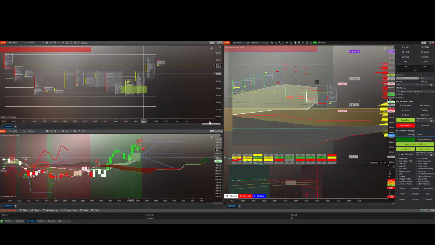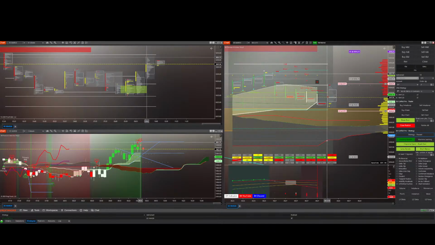That was my Kijun-sen flat alarm right here. When the Kijun-sen's flat, price usually stops out, returns back to the Kijun-sen.